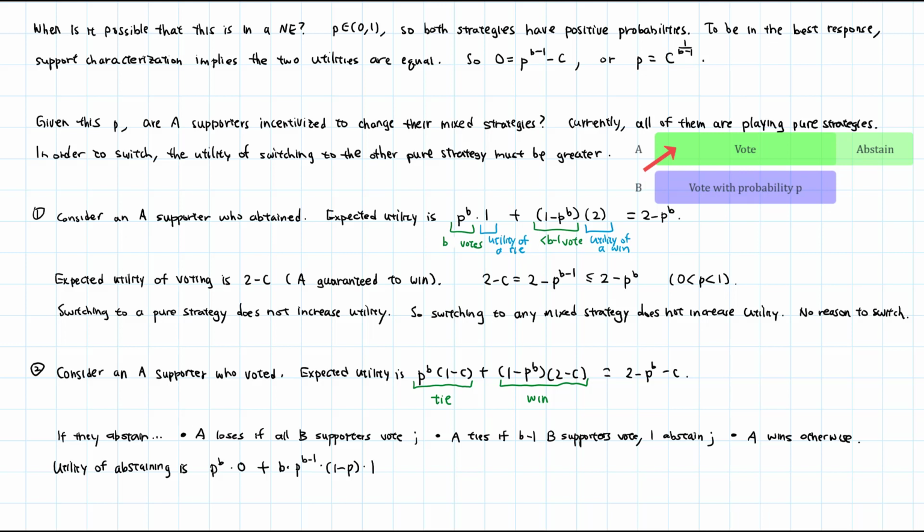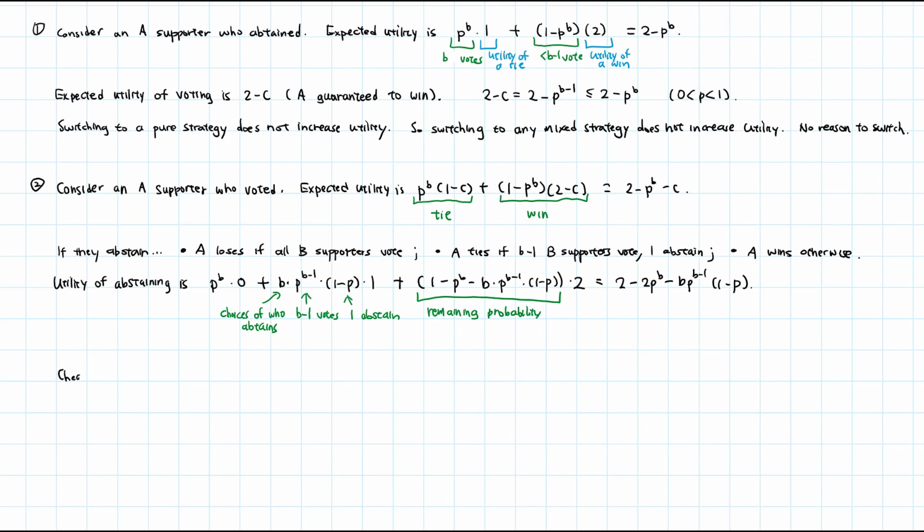The probability is calculated from the probability that B minus 1 votes, 1 abstains, and the number of choices of who abstains, plus 1 minus P to the B minus B times P to the B minus 1 times 1 minus P times 2, where the first part is the remaining probability. This is equal to this expression here.